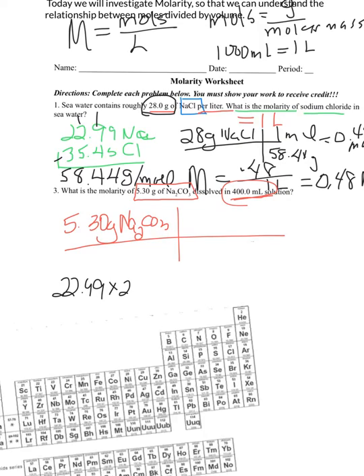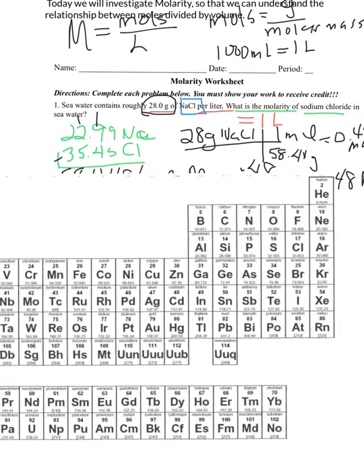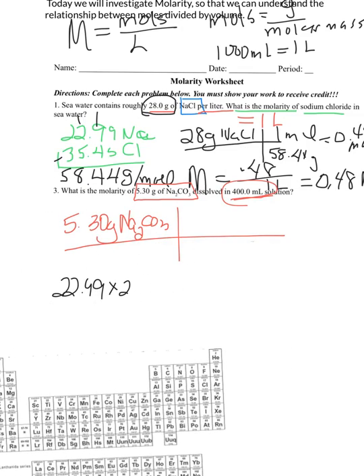Let's take a look at this. Carbon is 12.01 if we're rounding to the nearest hundredth. All right, so 12.01.